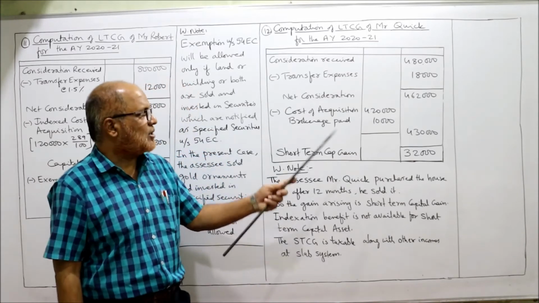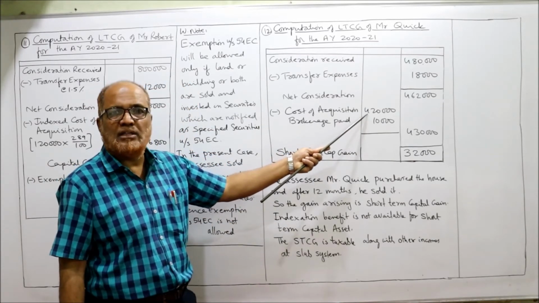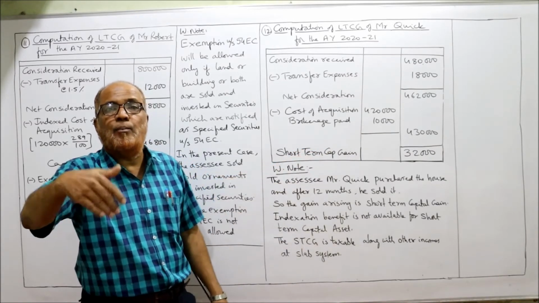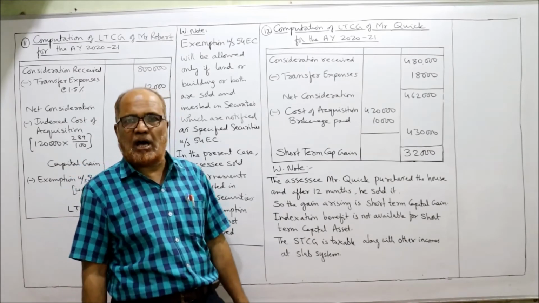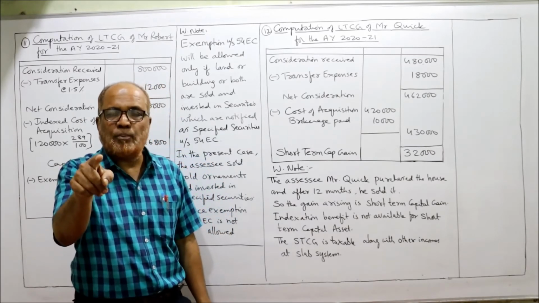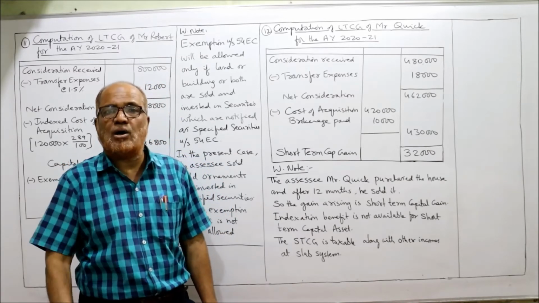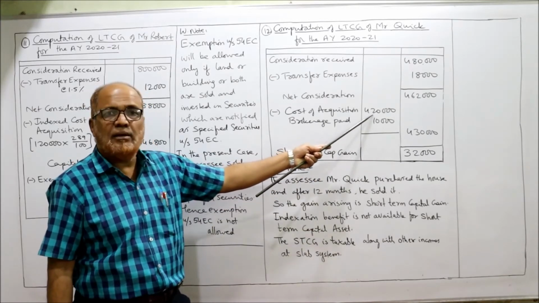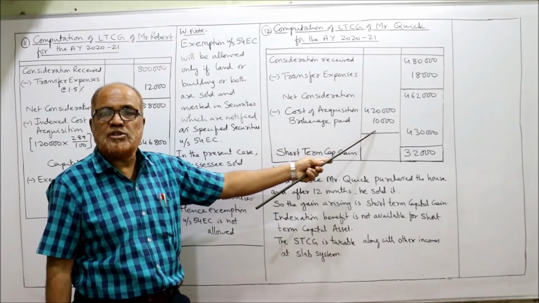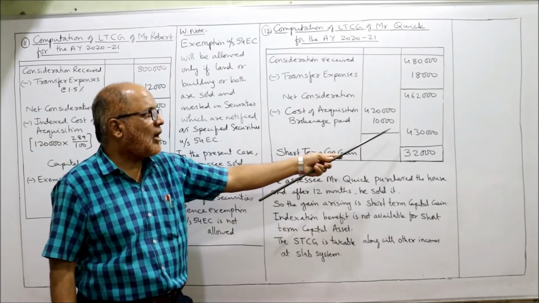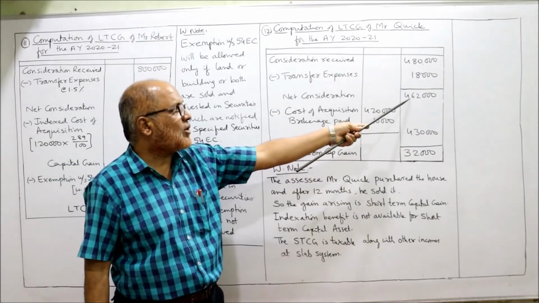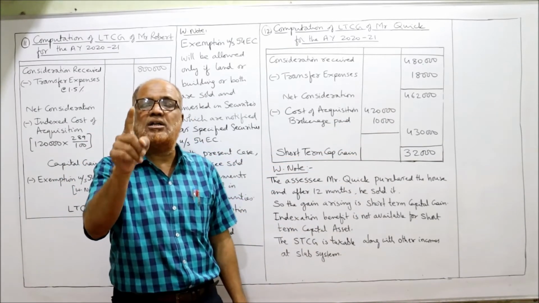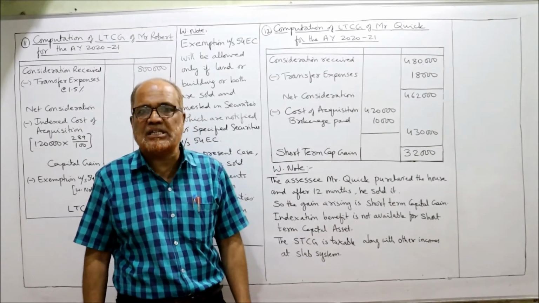Actual cost of acquisition, so cost of acquisition 4,20,000. He has purchased the house for 4,20,000 and he has paid the brokerage on purchasing the house. This should be added to the cost of acquisition. So he bought the house for 420, paid 10,000 rupees brokerage, so total cost of the house is 4,30,000. 462 minus 430, 32,000 is called short term capital gain, STCG.